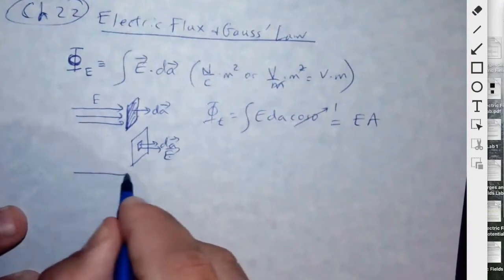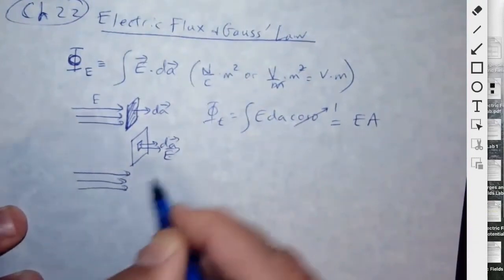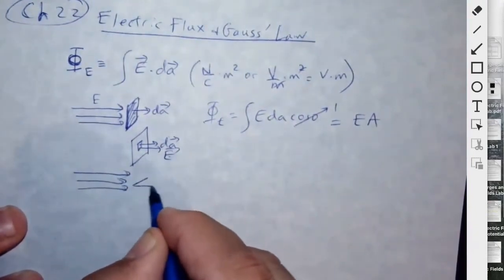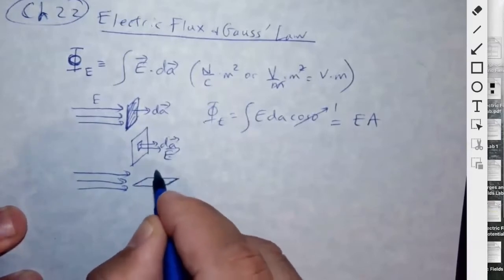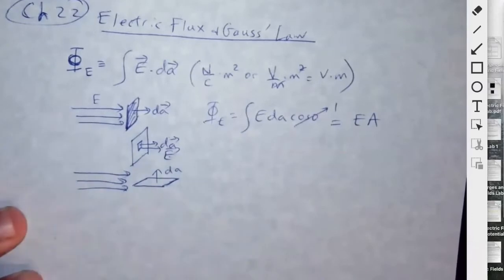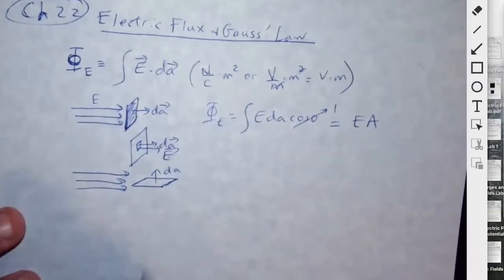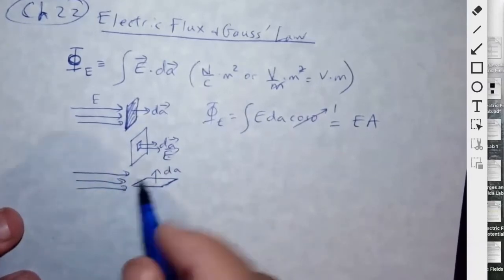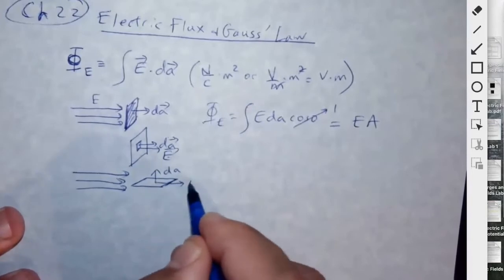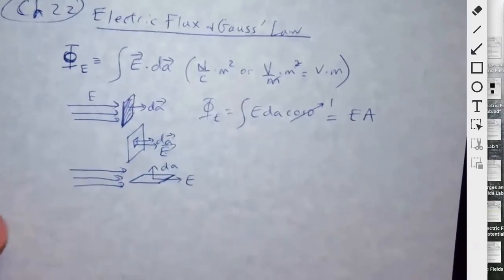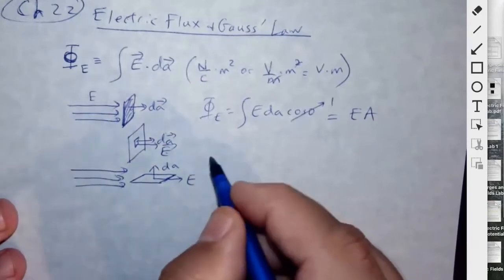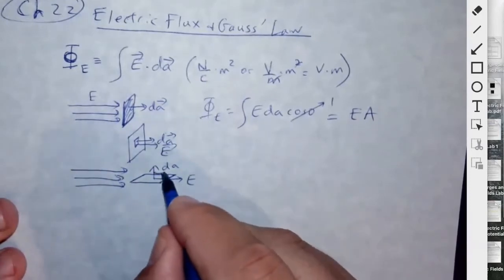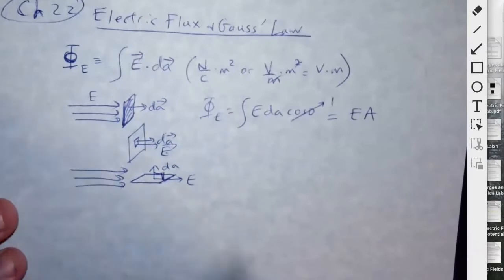So the electric field goes like this, and let's say the area looks like that, flat, and the dA looks like this. No matter how strong the electric field is, it will still produce no flux through that surface. Of course, the angle will be 90 degrees in that case.